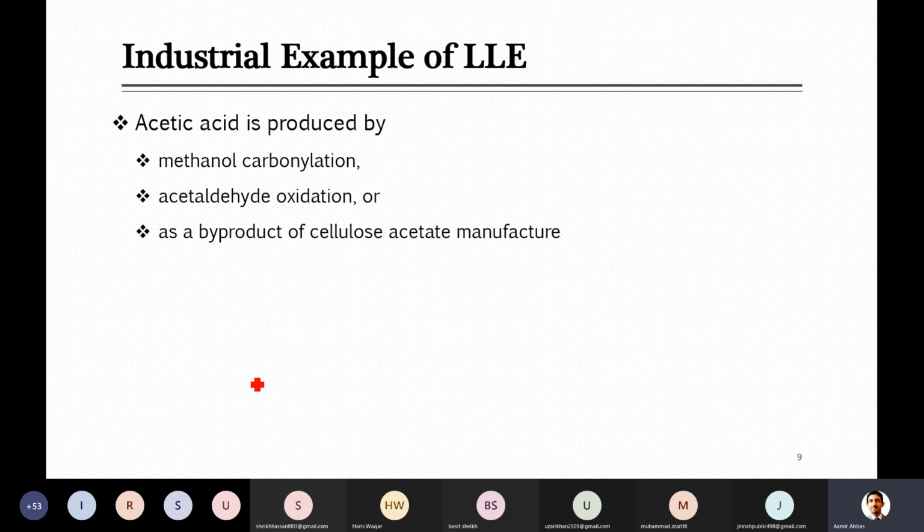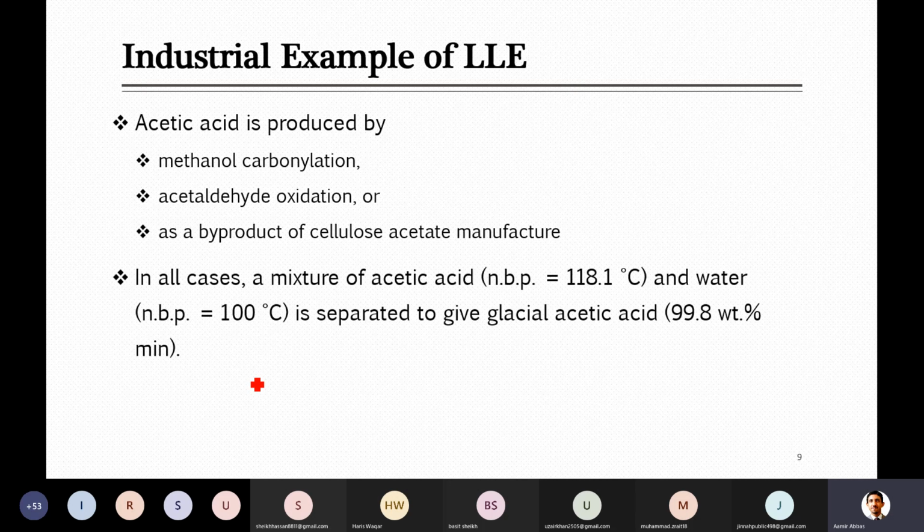When you look at the product in most of these cases, your product is a mixture of acetic acid and water. In those reactions, along with the acetic acid, water is also produced.